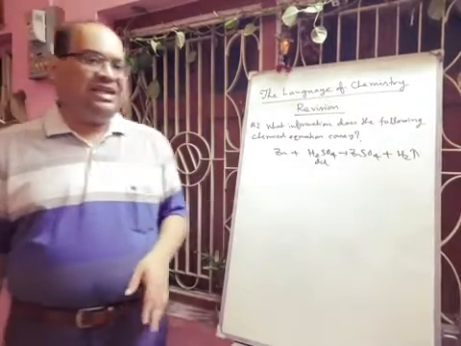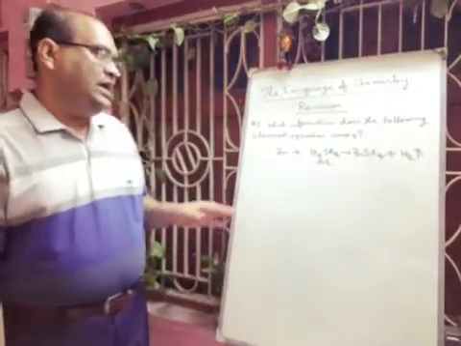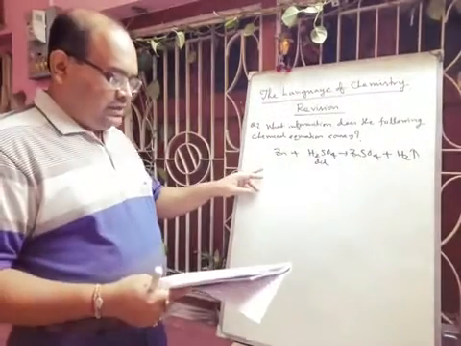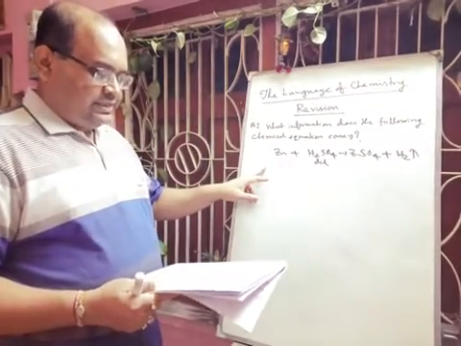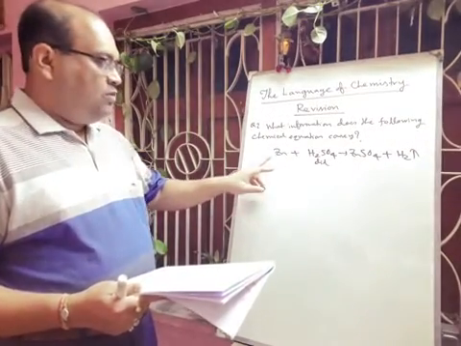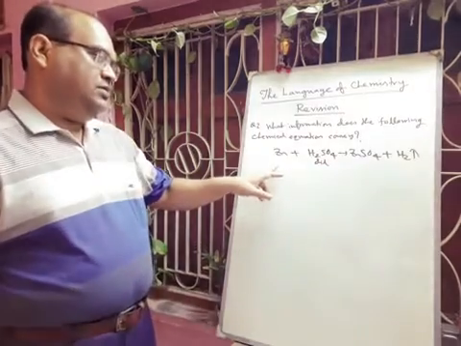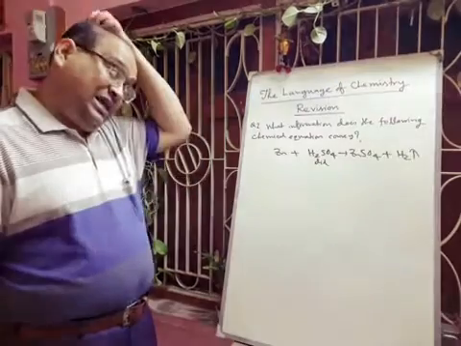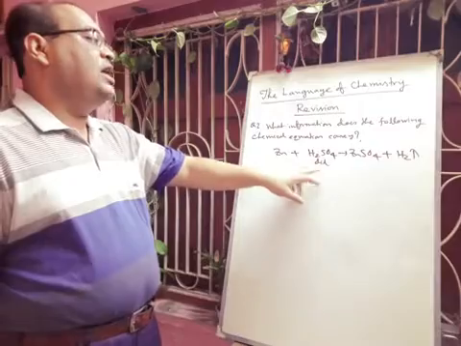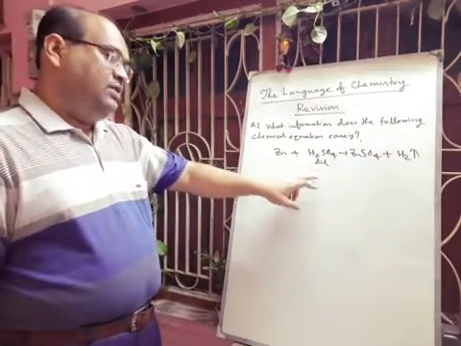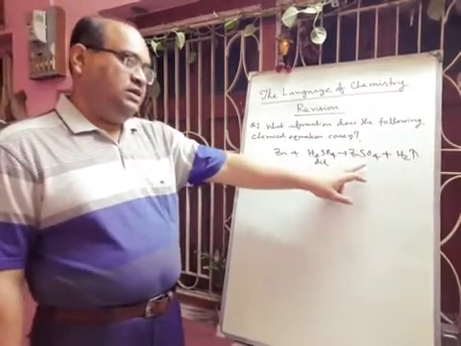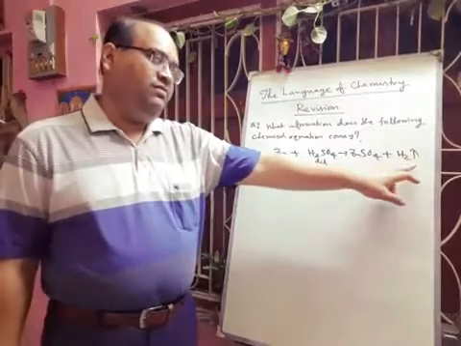But regarding the quantitative information, one molecule of zinc, or one zinc atom, is reacting with one molecule of sulfuric acid, forming one molecule of zinc sulfate and one molecule of hydrogen.